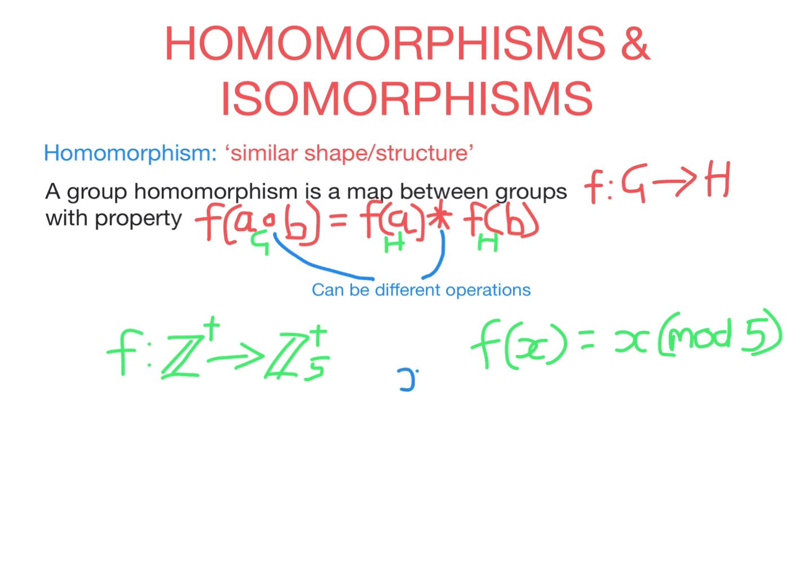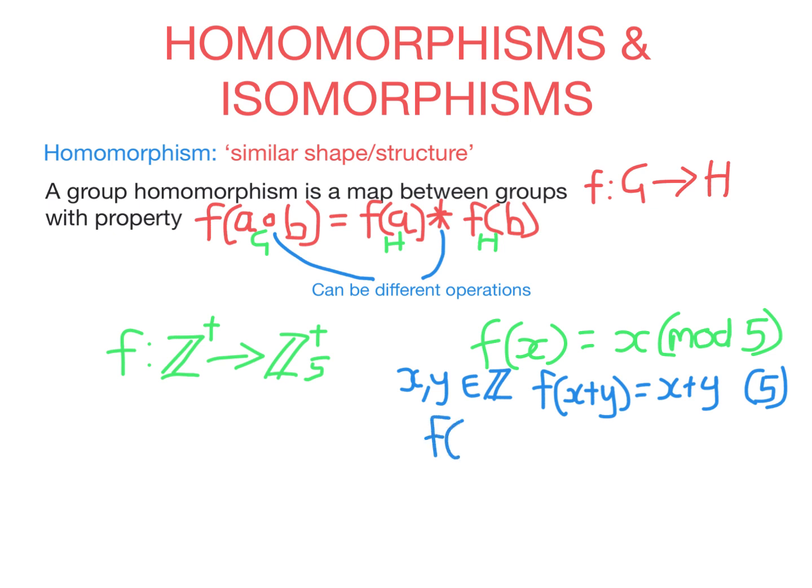So let's take two integers x and y and let's look at what happens under the map. So f of x plus y will be mapped to the residue of x plus y mod 5. But what if we map each of these elements individually first? We have f of x, that's the image of x.